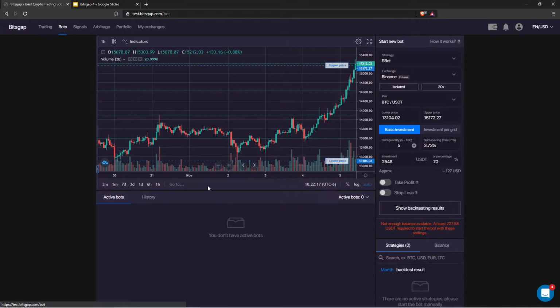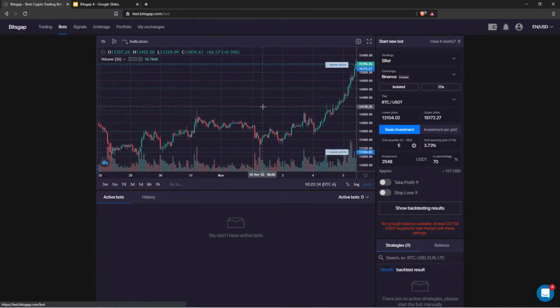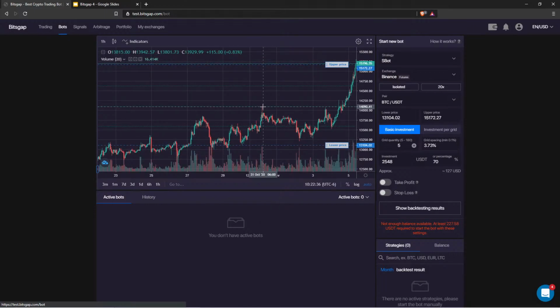In my opinion, one of the greatest achievements of Bitsgap is that we have a fully optimized, transparent, and automated trading system.